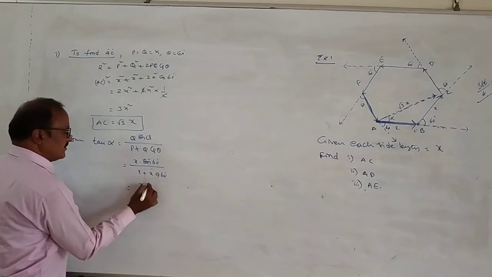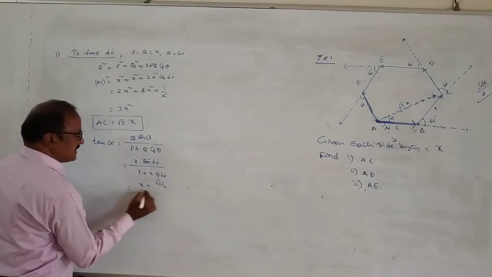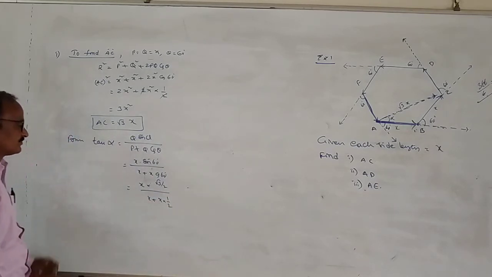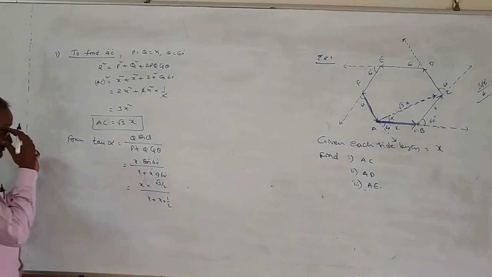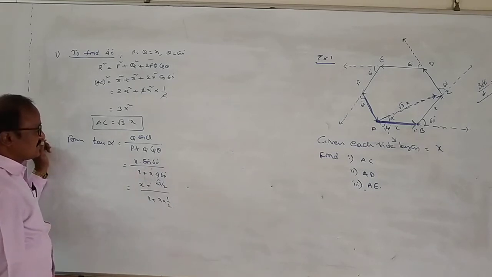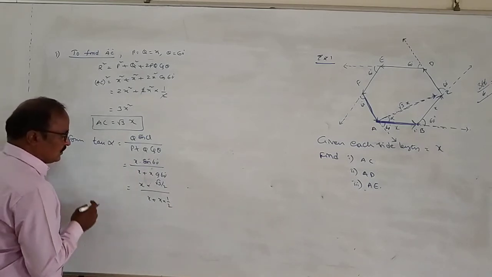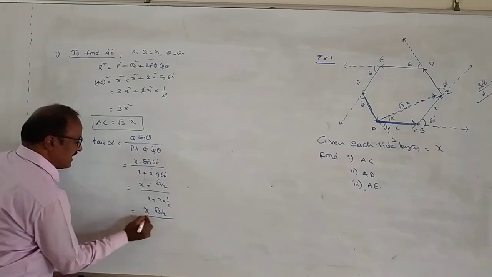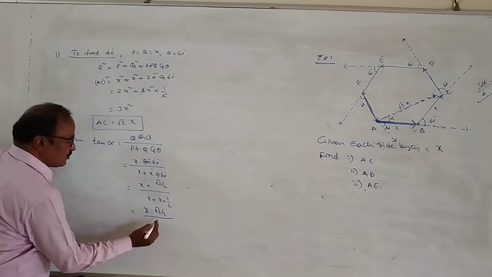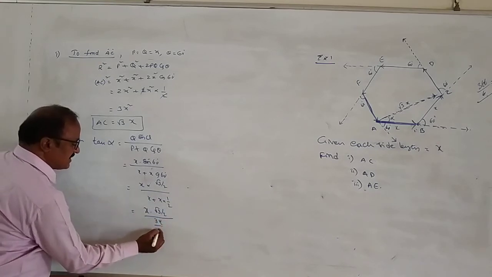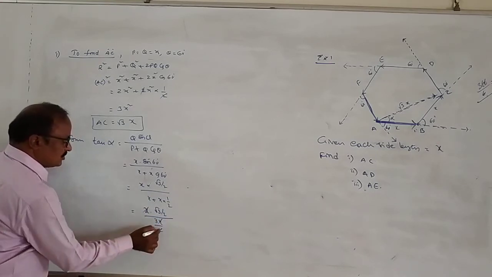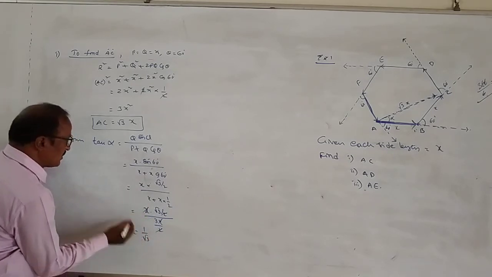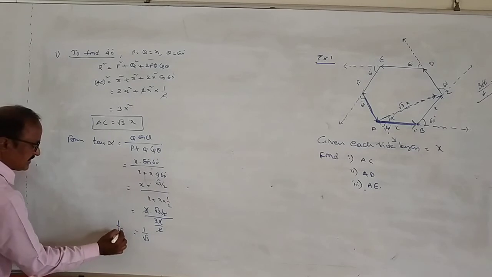Sin 60 is root 3 by 2, and cos 60 is equal to 1 by 2. So that is x into root 3 by 2 by x plus x by 2, which is 3x by 2. x and x cancel, 2 and 2 cancel. Root 3 by 3 means 1 by root 3... tan alpha is equal to 1 by 2.